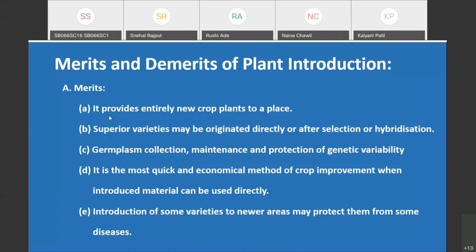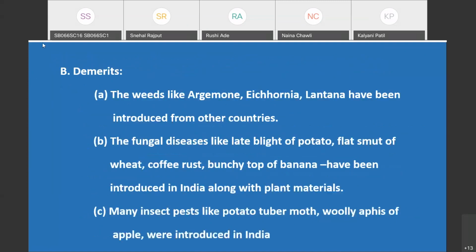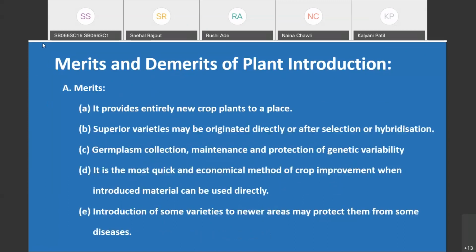The first advantage of plant introduction is that it provides an entirely new crop plant to the place.